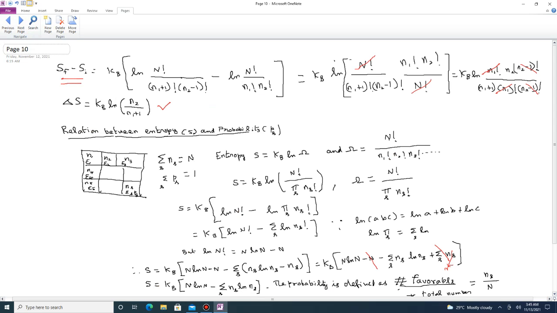Now let us discuss the relation between entropy and probability, P_s. Let us consider a system which is divided into so many cells: N1 particles in cell 1, N2 particles in cell 2, N3 particles in cell 3, and so on.